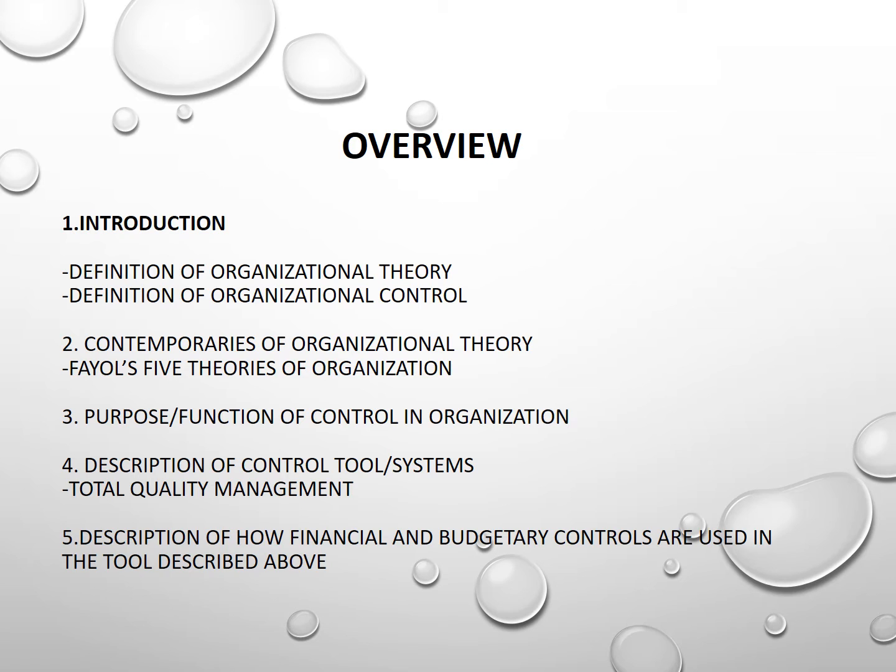5 basic subheadings. Number 1 is the introduction: definition of organizational theory, definition of organizational control, contemporaries of organizational theory, various 5 theories of organization, purpose or functions of control in organization, description of control tools or systems that has to do with total quality management.